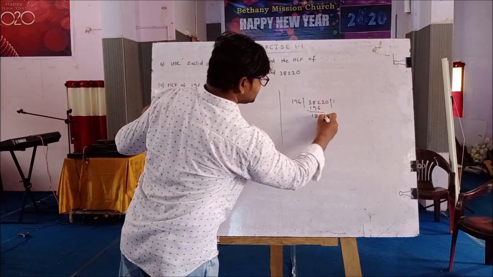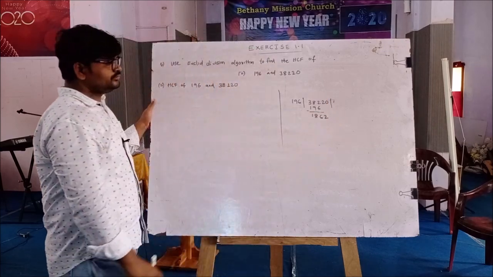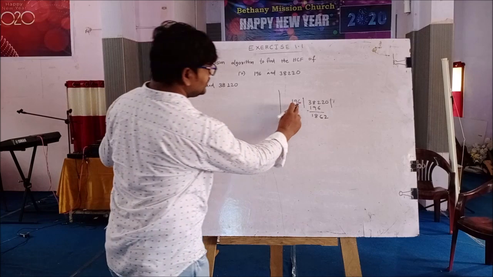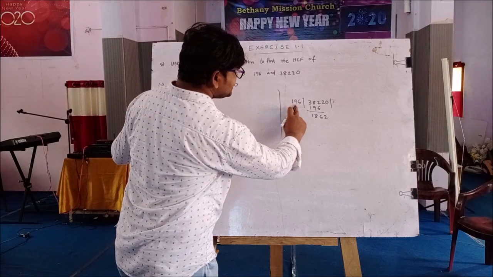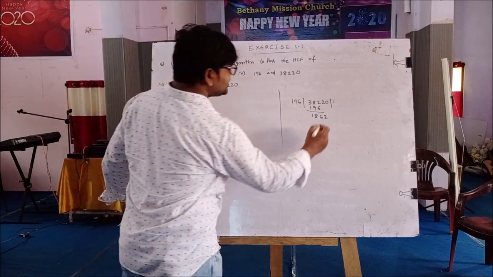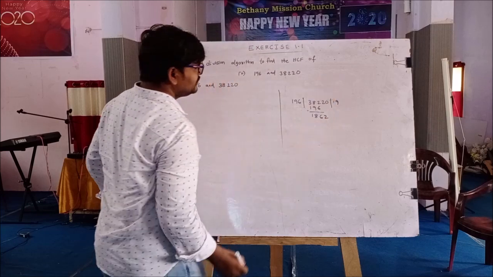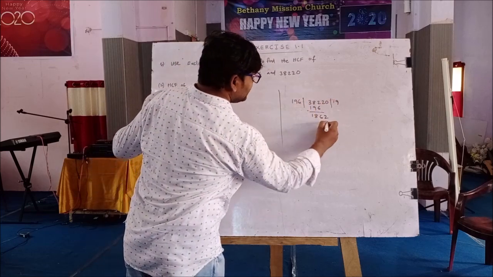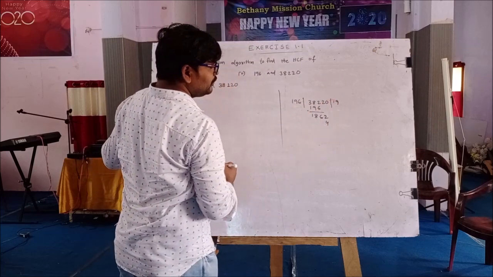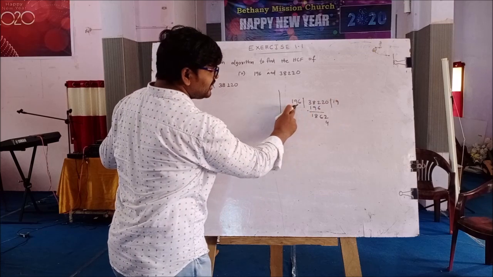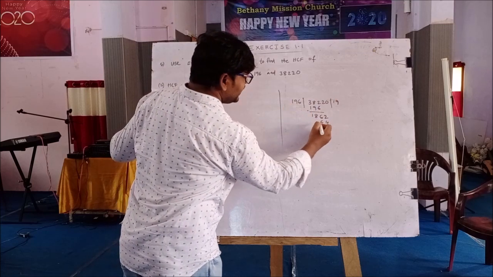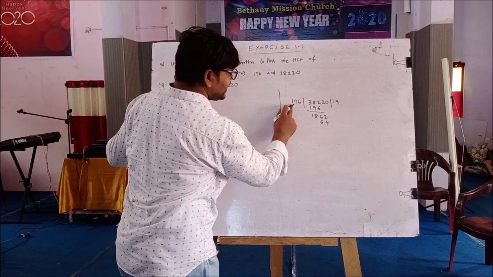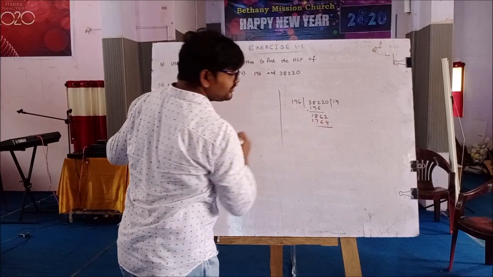And take the next number 2. 196, 9 times 6, 54, 4 carry 5. 9 times 9, 81, 81 plus 5, 86. 9 times 1, 9, 9 plus 8, 17.